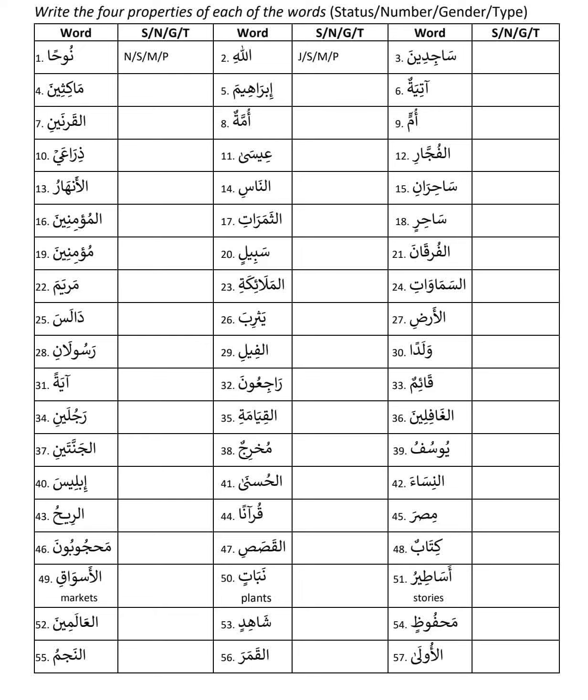Once you complete this entire assignment, you have a comprehensive understanding of ism, because the ultimate objective of completing ism is to understand its four properties. Then we will learn in future how to use whatever we studied to build further grammatical connections.